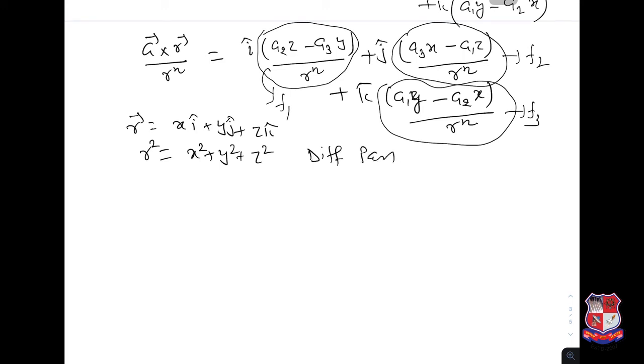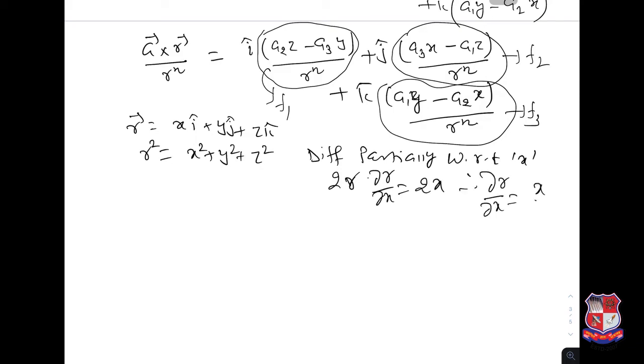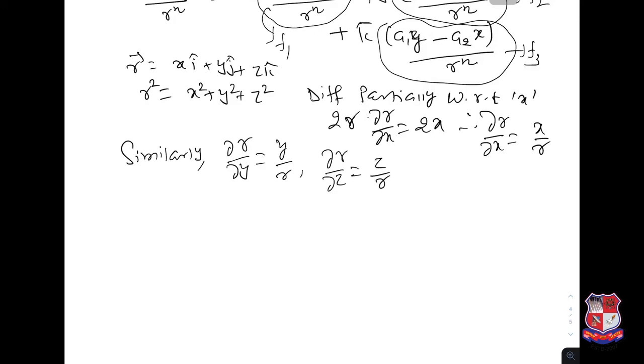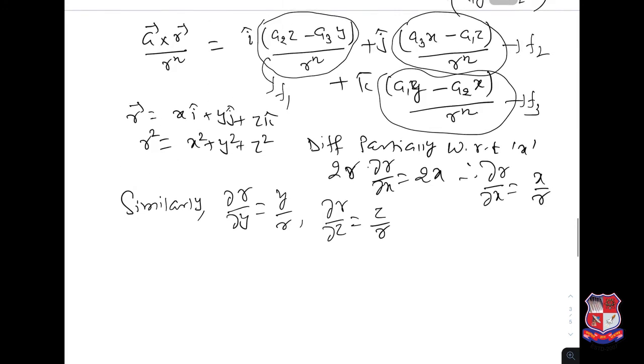Differentiate partially with respect to x, then 2r del R by del X is 2x, and therefore del R by del X is x by R. Similarly, del R by del Y is y by R, del R by del Z is z by R. I write this in every example where needed, because in the exam you should write it.